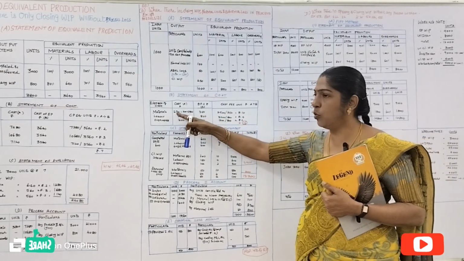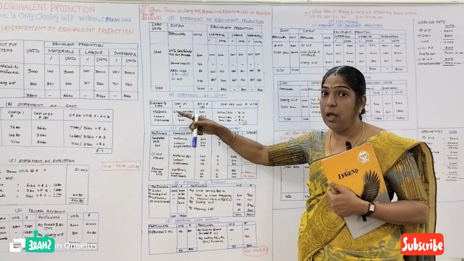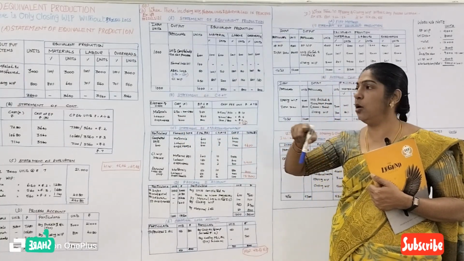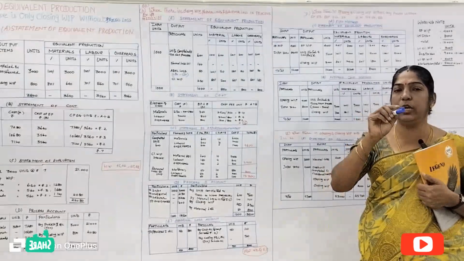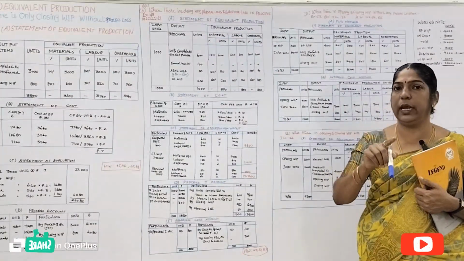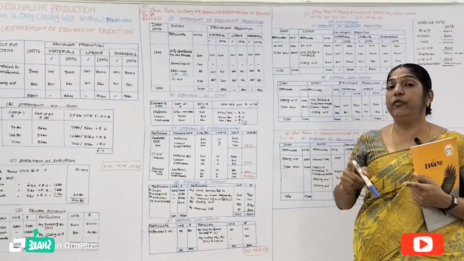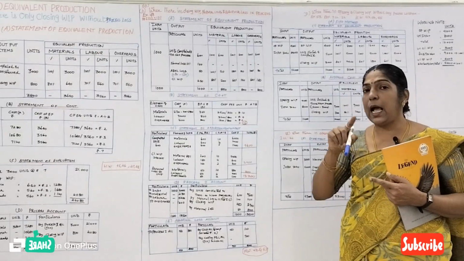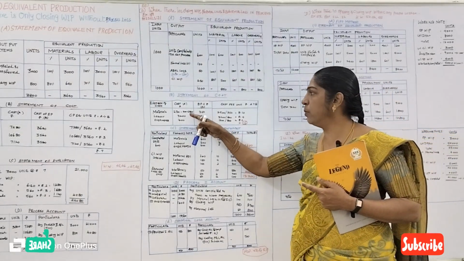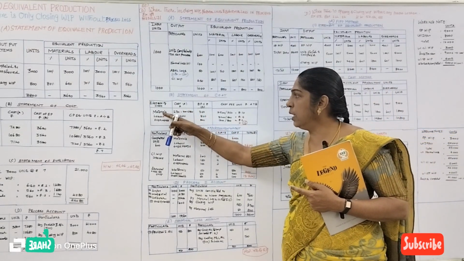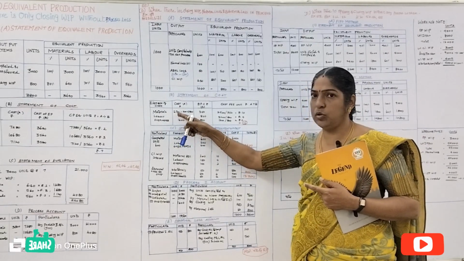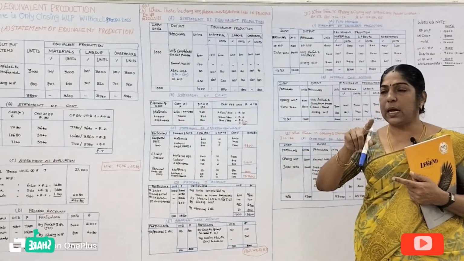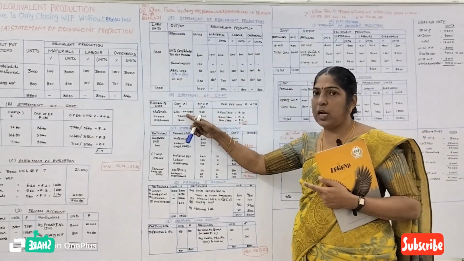So material cost they gave in the question is 2700. For normal loss we don't take the normal loss units, we take the scrap value, because we entered the material cost. So the material cost 2700 will be reduced by the scrap value of the normal loss.